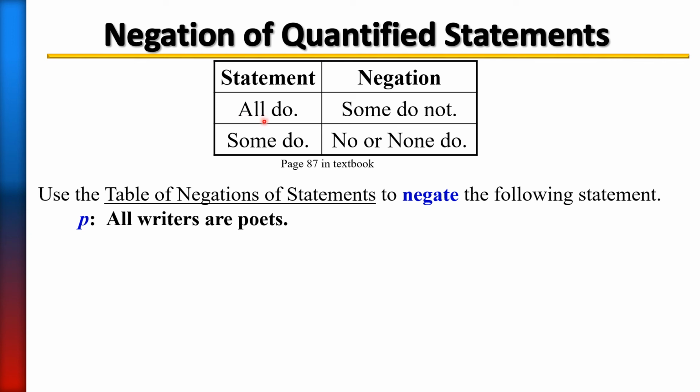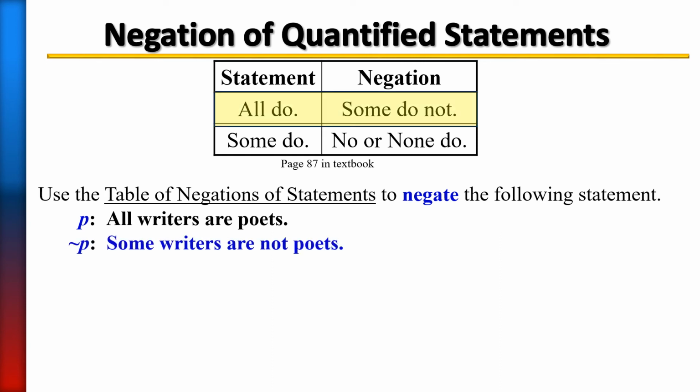When it's all do, in this case all are, the negation is some are not. So to negate the statement all writers are poets, we would say that some writers are not poets.